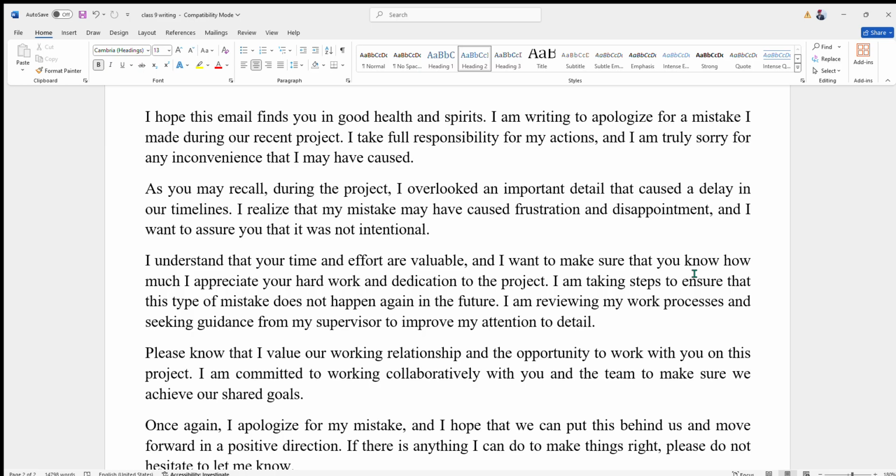I am reviewing my work process and seeking guidance from my supervisor to improve my attention to detail. Please know that I value our working relationship and the opportunity to work with you on this project. I am committed to working collaboratively with you and the team to make sure we achieve our shared goals.